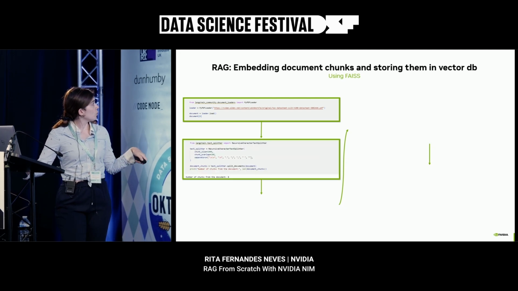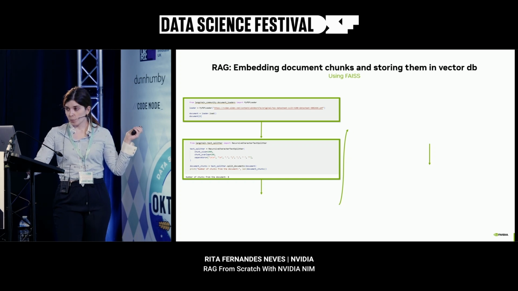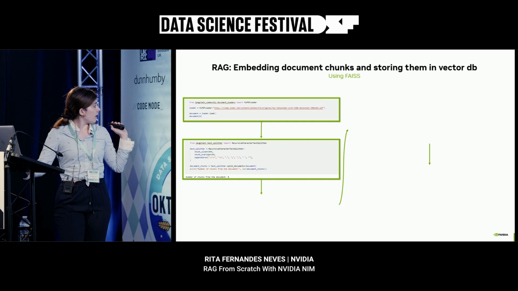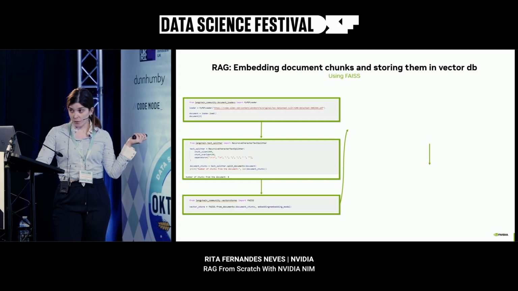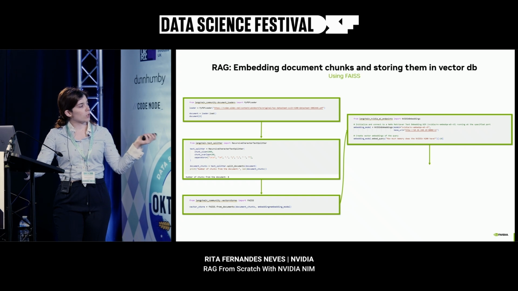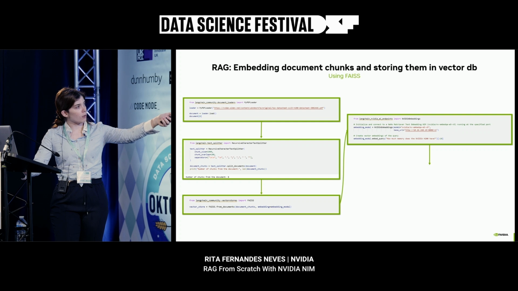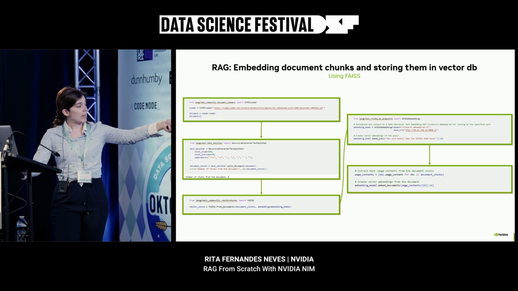We load the document with LangChain PyPDF loader. We split the document with text splitter. In this case, we split the document into 8 chunks. We put them into the FAISS data store. We call the NVIDIA embedder at this URL that we've deployed and obtained before. And we get all the embedding chunks.